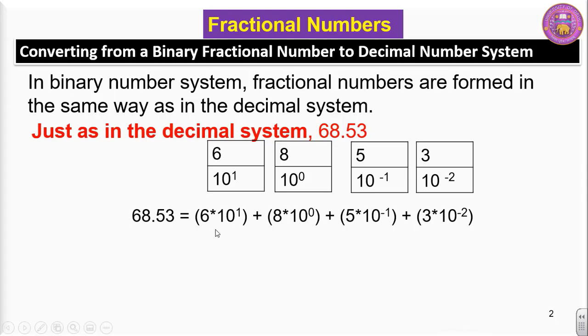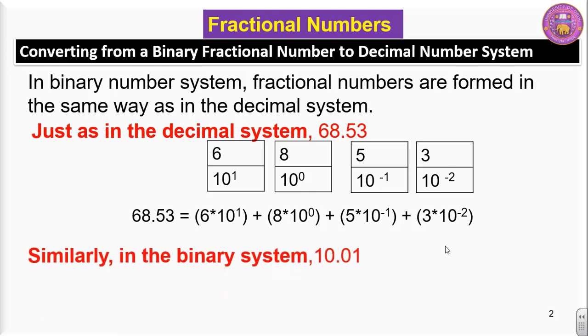We solve it like this: 6 multiplied by 10 raised to power 1, 8 multiplied by 10 raised to power 0, 5 multiplied by 10 raised to power minus 1, 3 multiplied by 10 raised to power minus 2. This is the way we do it in the case of decimal number system.